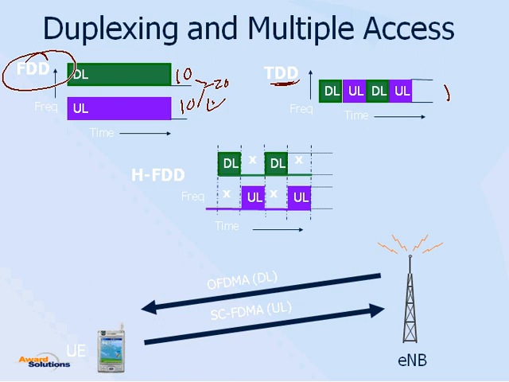So you have the same 10 megahertz bandwidth. Sometimes we use the bandwidth for downlink, sometimes the same bandwidth for uplink, and so on. So at any given time, we are using the bandwidth either for uplink or for downlink, not the two at the same time. In FDD, we can do up and down at the same time.